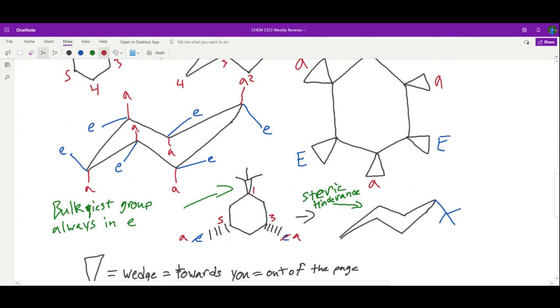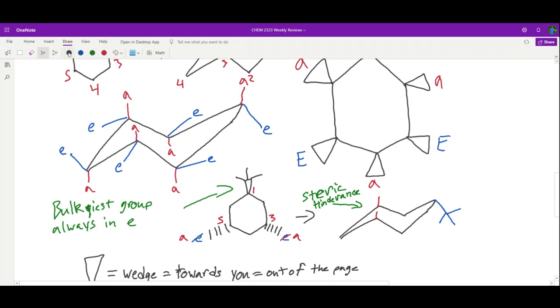So axial is on carbon 3. And then my mistake was this was carbon 5, but I accidentally put the axial pointing this way, which is wrong, because carbon 6 is the one that points down, not carbon 5. Both carbon 3 and 5 are going to point up.